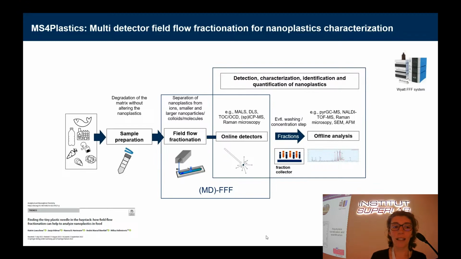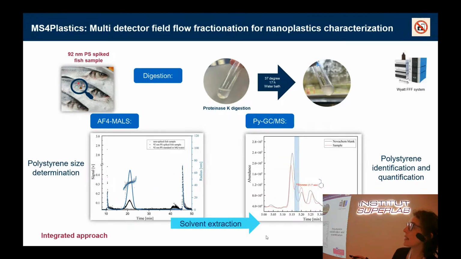On the spiked fish samples after digestion, we could clearly see that we could determine the polystyrene size. Here from the radius, you could clearly see that the radius of particles is a bit higher than 40, and we were using 92 nanometer polystyrene sample to spike the fish.